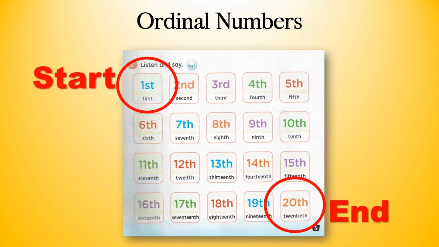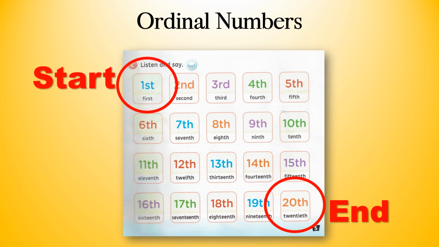All of the ordinal numbers after third are TH. Fourth, fifth, sixth, seventh, eighth, ninth, 10th, 11th. But you're thinking, Teacher Tom, 11th has a 1, so it must be ST. No, no, no. Look at the word.